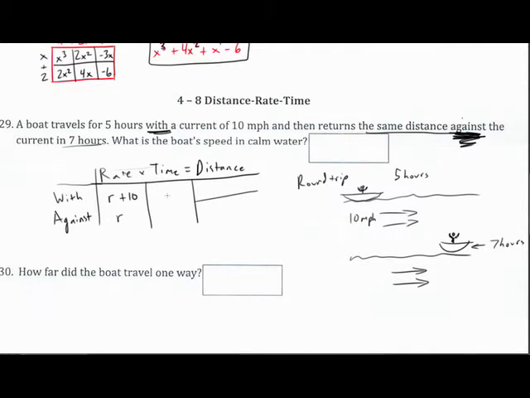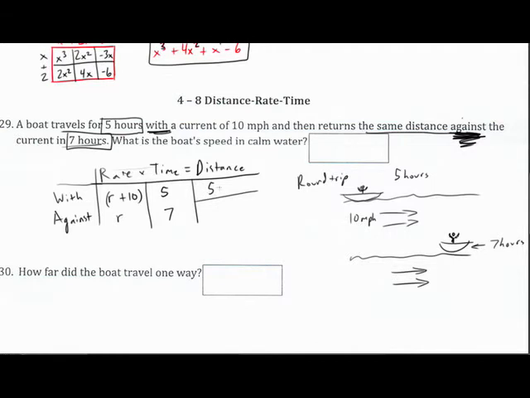So my time is given here: with the current I'm going 5 hours. Against the current I'm going 7 hours. So when I multiply this across, before I do, it helps to keep this in parentheses when you have more than one term.